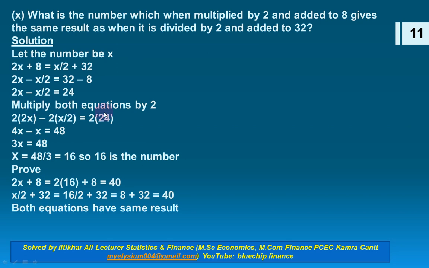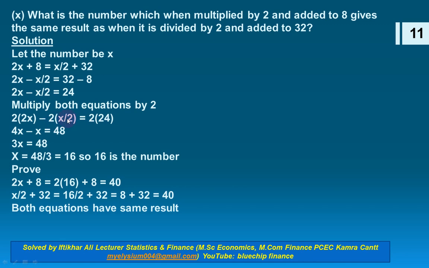Multiply both sides by 2 to reduce the equation. So 2x multiplied by 2 equals 4x, and minus x/2 multiplied by 2, this 2 will be eliminated by this 2, and that is why we are multiplying the whole equation by 2.